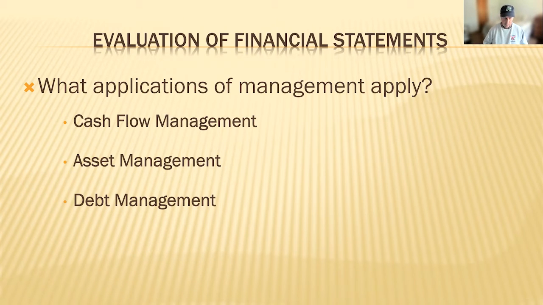Debt management: there are a lot of places that don't have much debt at all. There are some that are what's called leveraged, which means that their debts are starting to exceed the amount of their assets, which can lead to a situation that might include bankruptcy if sustained over a longer period of time. So we want to make sure that the debt can be paid over a period of time.